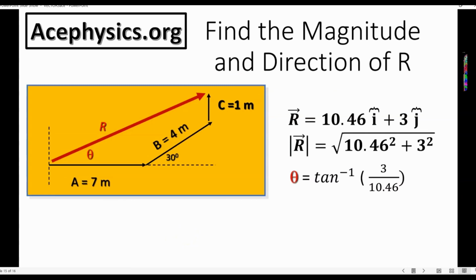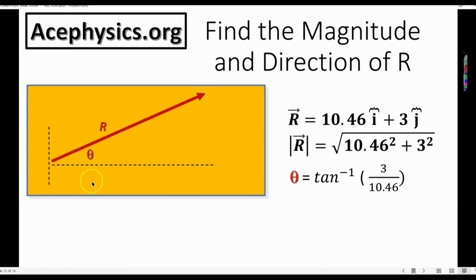Find the magnitude and direction of r. So now we know r in component form is 10.46 i hat plus 3j hat. Now let's convert it from component form to magnitude and direction. To find the magnitude of r, you take the square root of each one of the components squared: the square root of 10.46 squared plus 3 squared. And then the angle theta: tangent of theta is equal to opposite over adjacent.